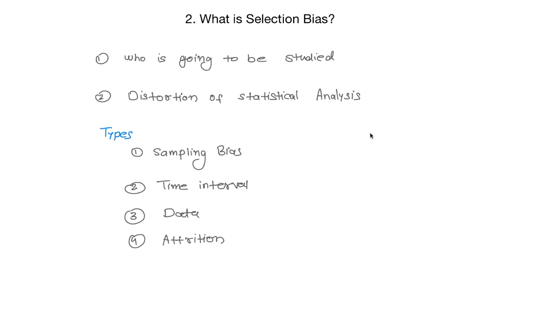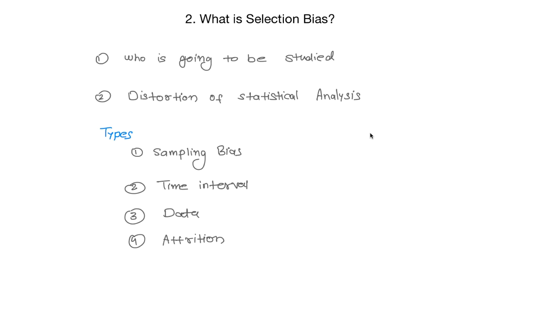Sampling bias is a systematic error due to a non-random sample of a population, causing some members of the population to be less likely to be included than others, resulting in a biased sample. That means the data scientist is selecting data from a population and makes decisions to select some kinds of the population more and some less. There is some bias, that's sampling bias.